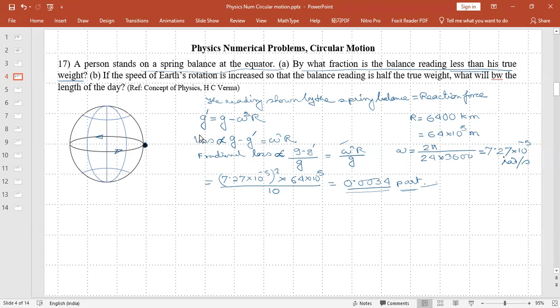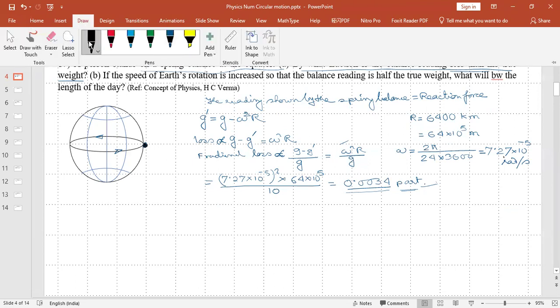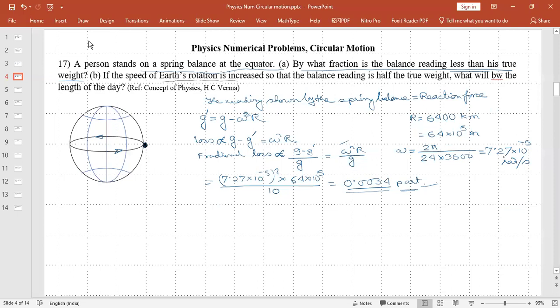Then there is a second part of the question, which says: Earth's rotation is increased so that the balance reading is half the true weight. What will be the length of the day?